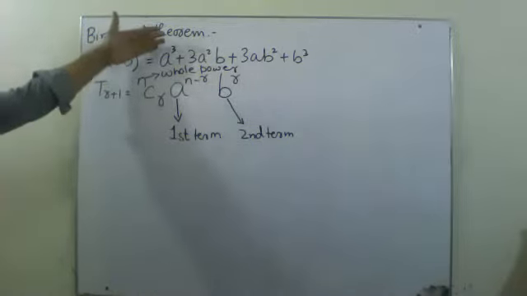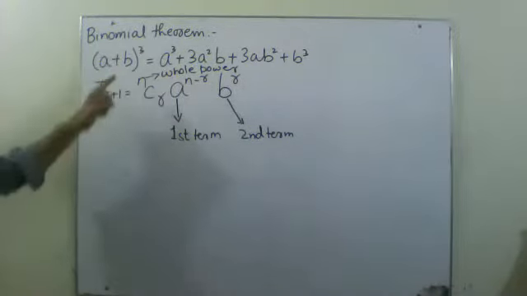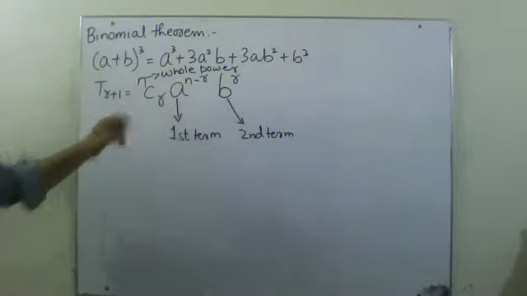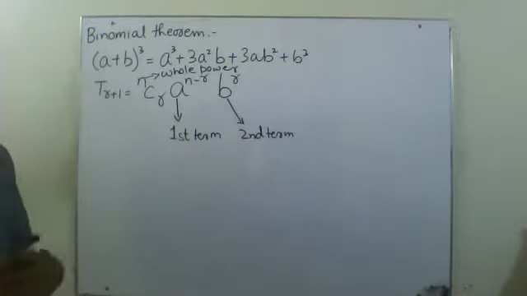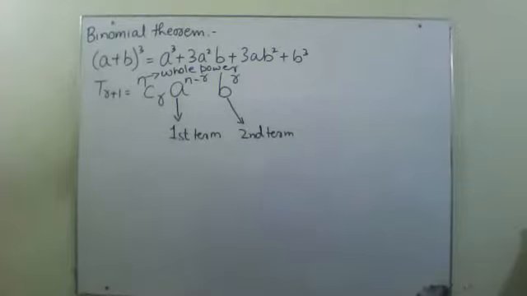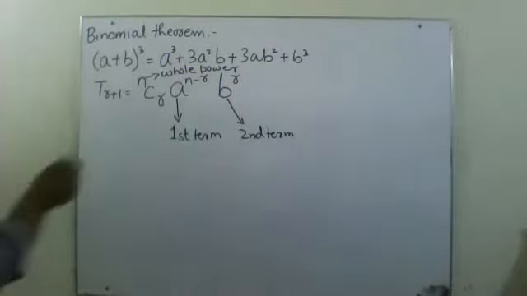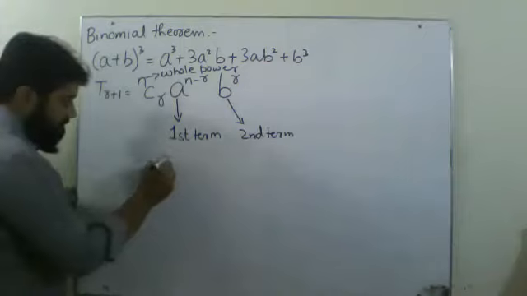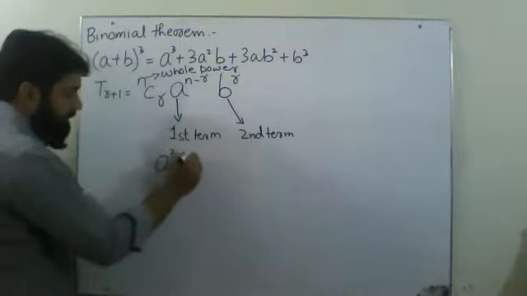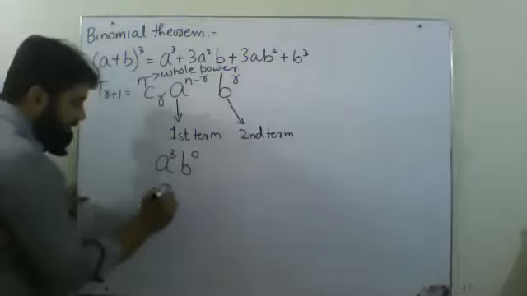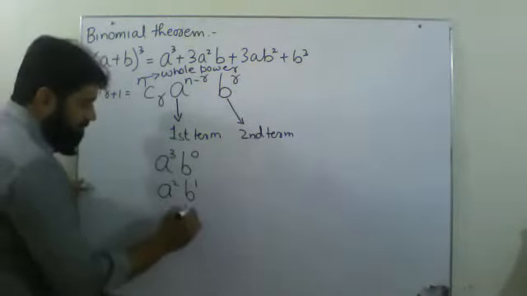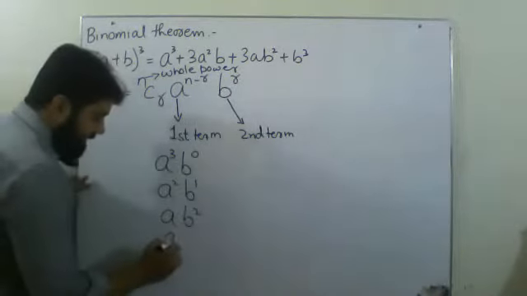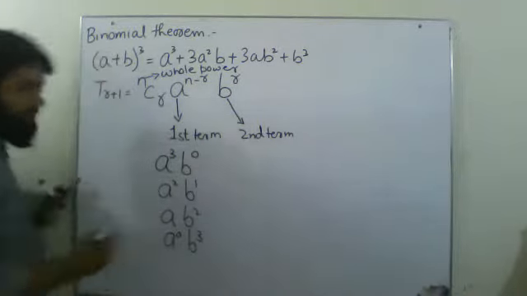Now let's write this thing over here and compare it with this one. This thing, NCR, the combination thing, we will do when we are going to work with unknown whole powers. So let's write these things: a cube b power 0, or a square b power 1, or a b square, or a to the power 0 b cube.